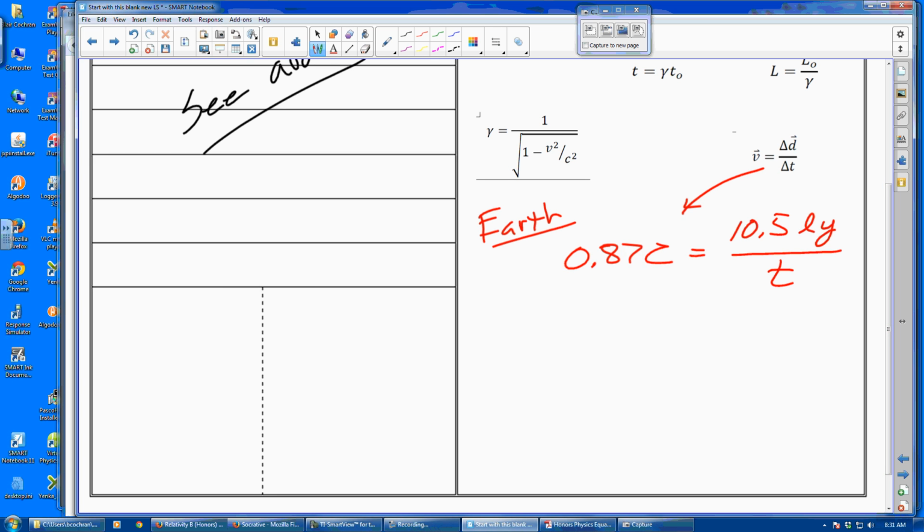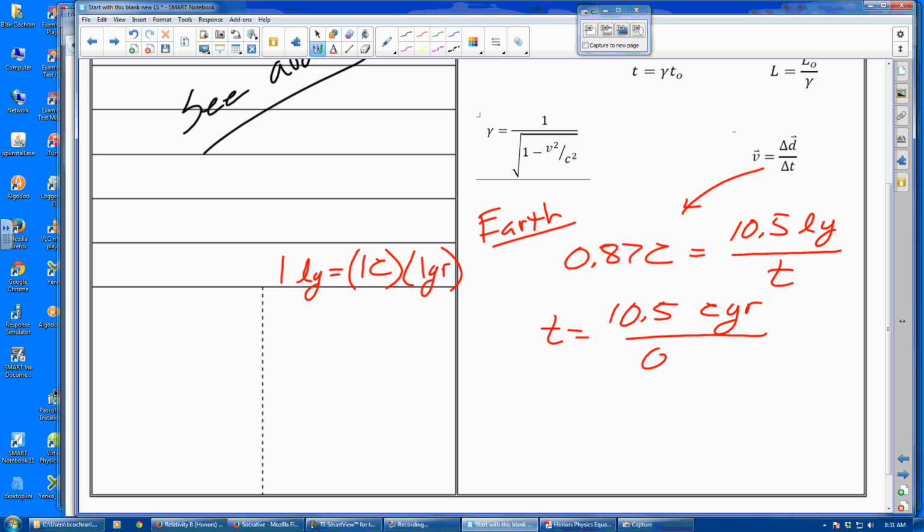Unit-wise, one definition I'm going to use is 1 light year equals, if you're traveling at the speed of light, 1c for 1 year. All right, so 1 light year is c years. So if I rearrange this for t, I get t equals 10.5 c times years over 0.87 c.